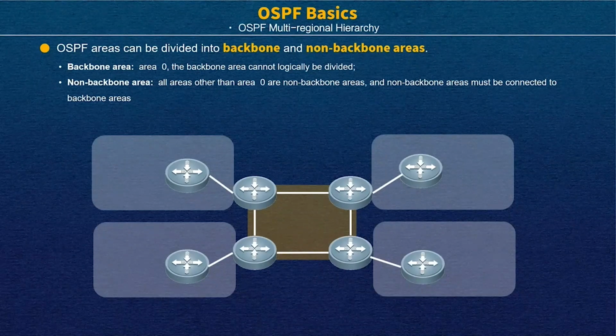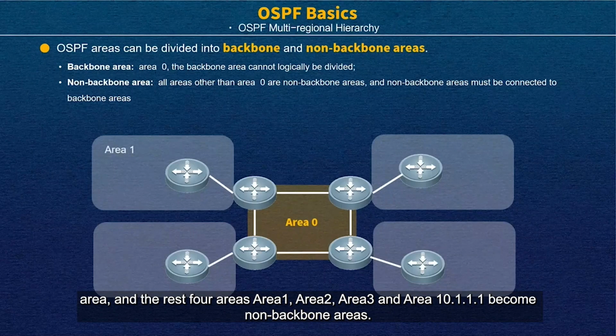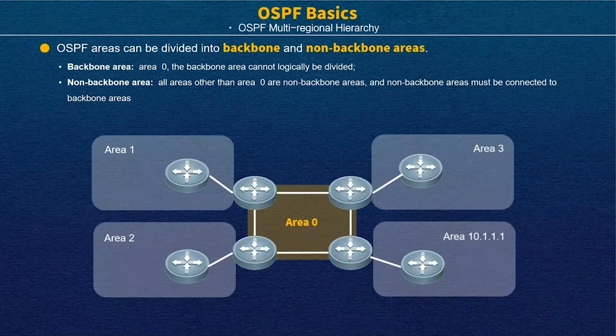So this is the area, and the boundary is a router. That means one router may belong to multiple areas, using different interfaces. Like this topology uses area 0 as the backbone area, and the rest of the 4 areas may be area 1, area 2, area 3, and area 10.1.1.1.